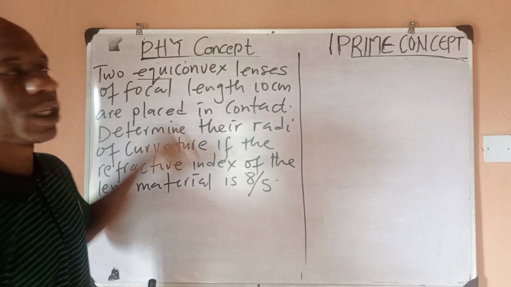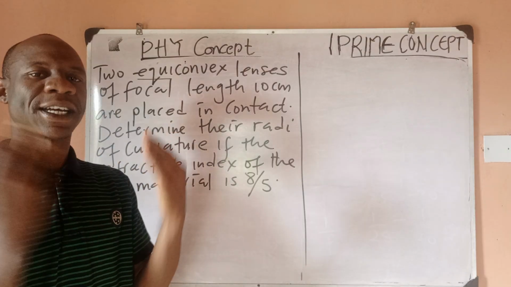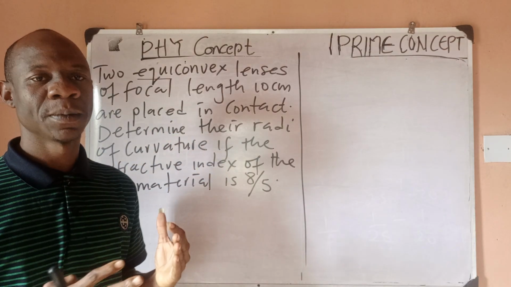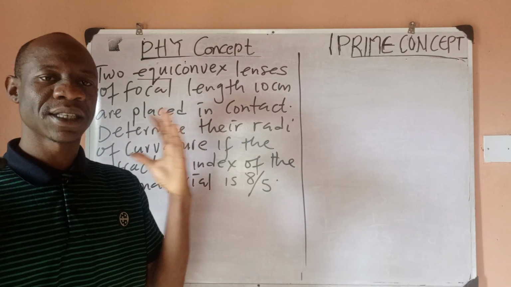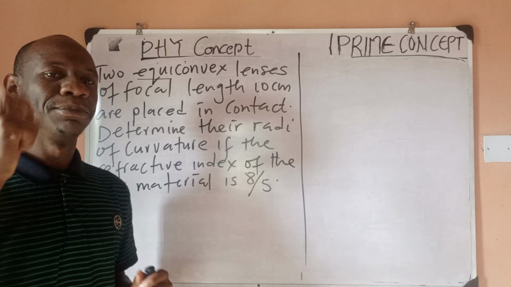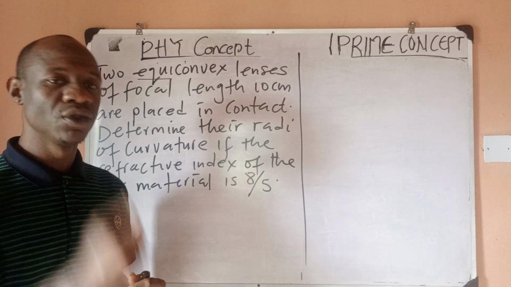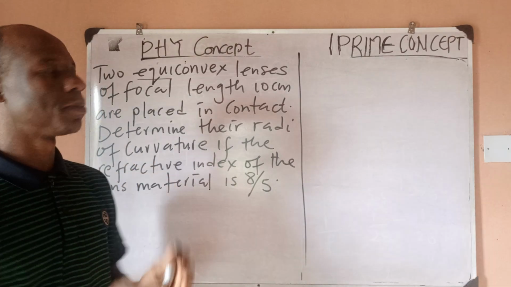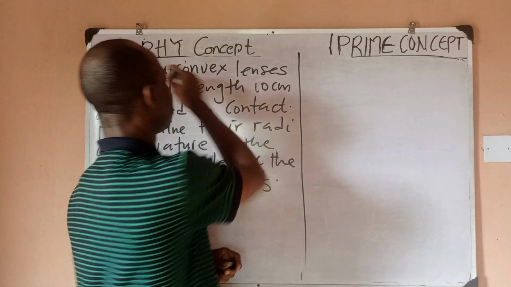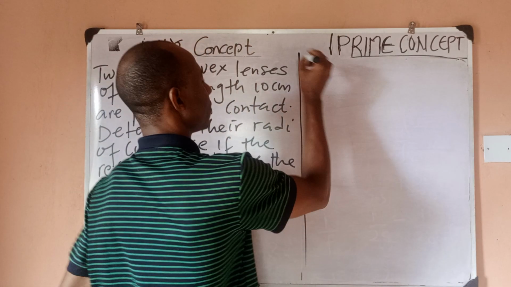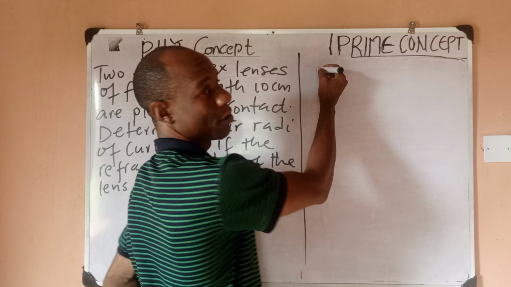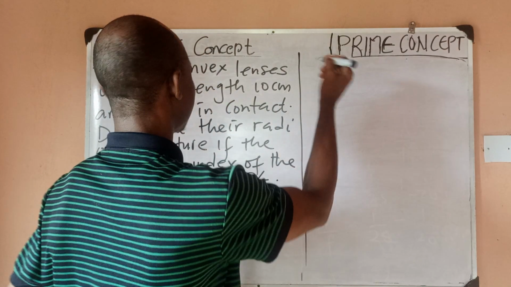And when you say equi, it means that the two convex surfaces are equal. And when you say that the two convex surfaces are equal, it means that they have the same radius of curvature. So very important. If they are equiconvex, their radii of curvature will be what? The same.